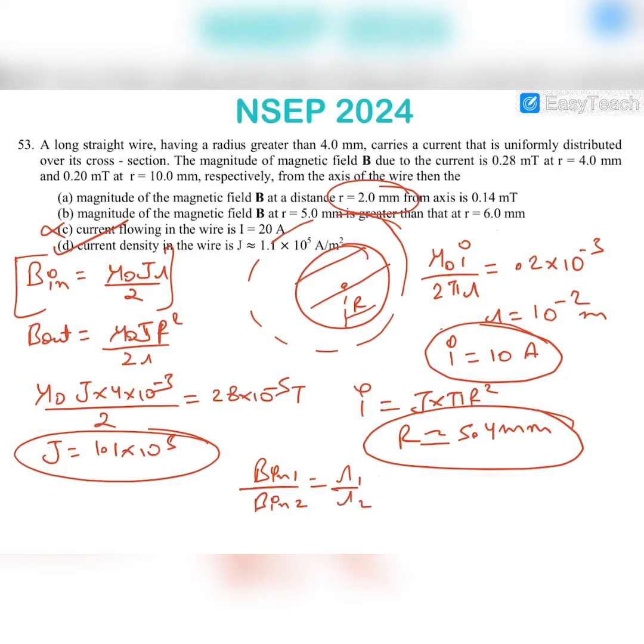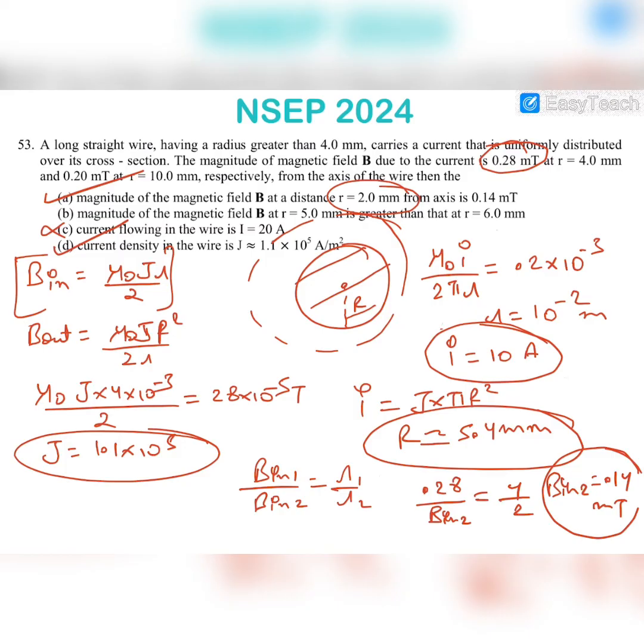B in 1 is 0.28, so it is 0.28 divided by B in 2, and r1 is equal to 4 and r2 is 2. So you can see that B in 2 is 0.14 millitesla, so A option is also correct.